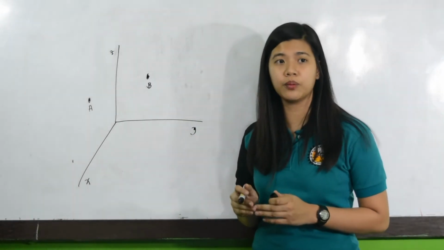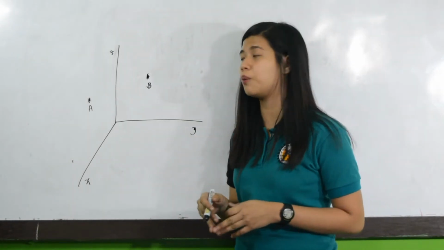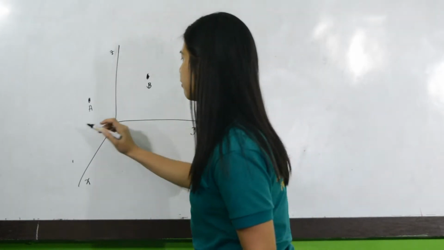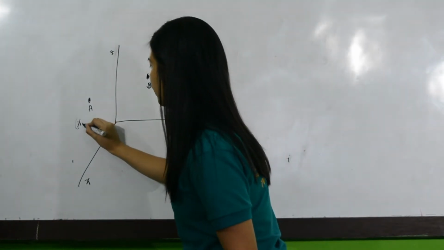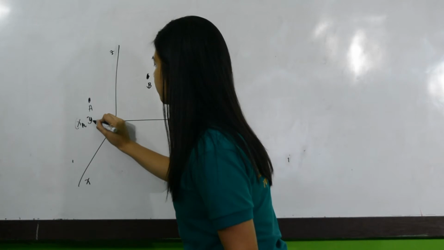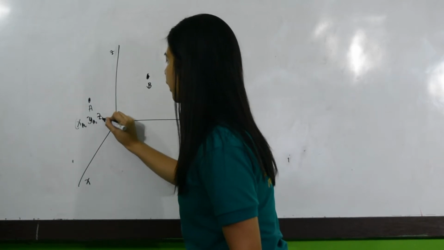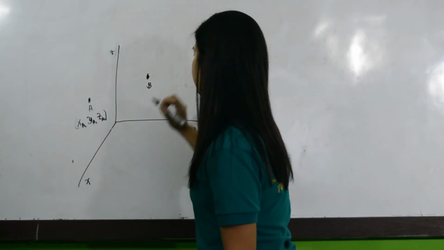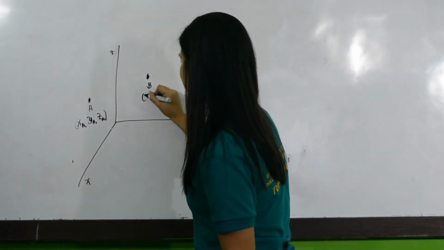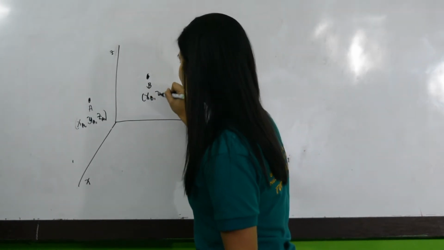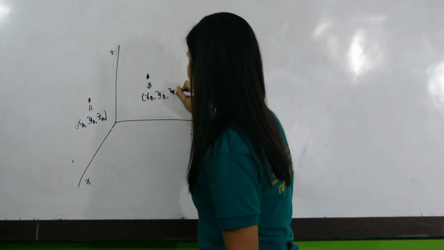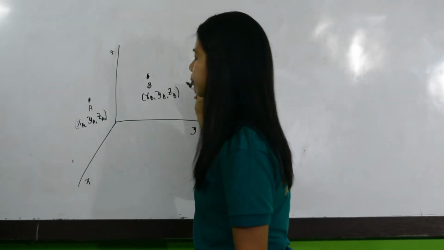So in here, every point, we need to get the x, y, and z component. For our A, we have the x sub A, y sub A, and z sub A. Same with B. We have our x sub B, y sub B, and z sub B.